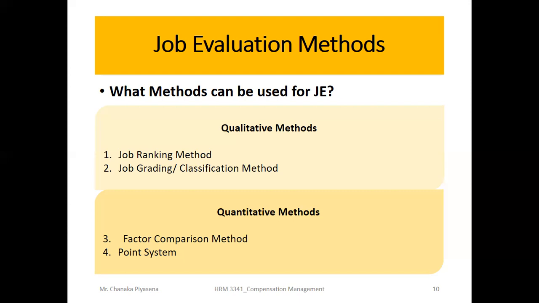But in quantitative methods, the numbers also represent the relative worth of the jobs. The number represents value. As an example, your rank is a number, but that rank does not represent the value.